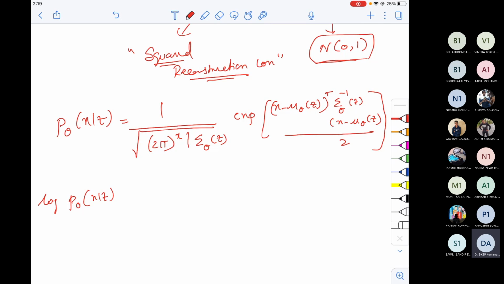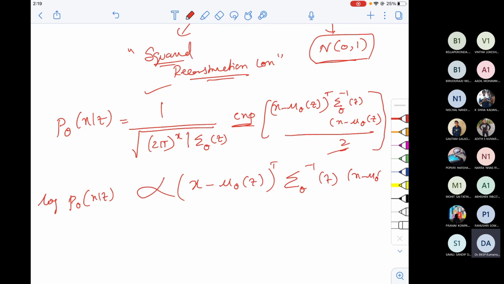This is a constant term, and this is also constant, so I'll just remove those and say it is proportional to, because when I apply log, this exponent goes. So it is x minus mu theta of z, transpose, covariance theta inverse, x minus mu theta of z.